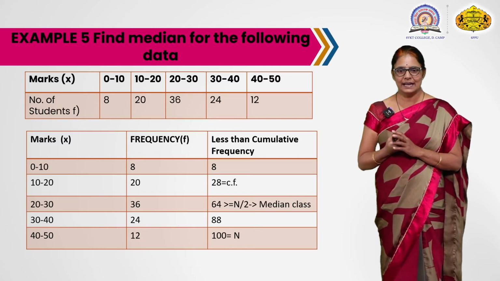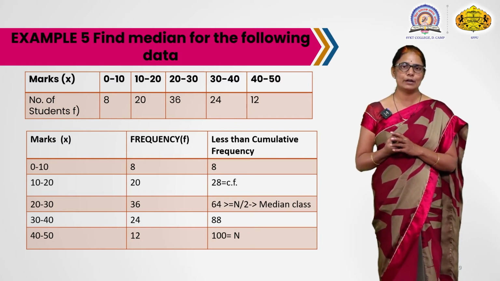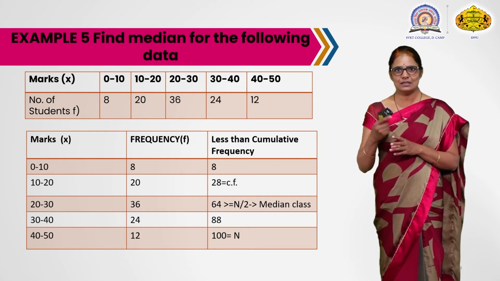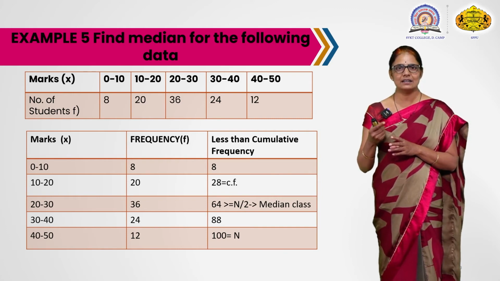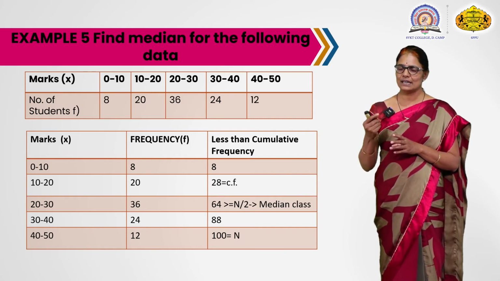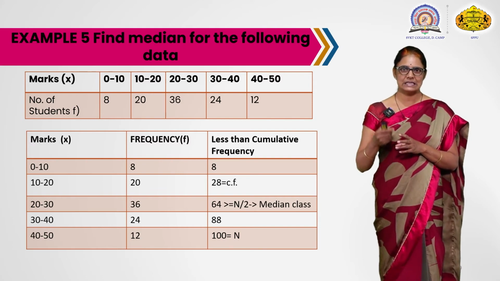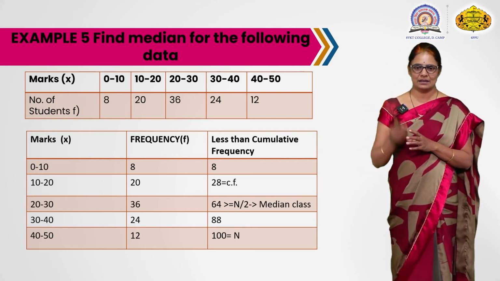Here 8 is less than N by 2. Remember here N is 100, so N by 2 is 50. So 8 is less than 50, 28 is also less than 50. Next, 64 is greater than N by 2, that is 50. For the first time this less than cumulative frequency exceeds N by 2. So this class is called the median class.